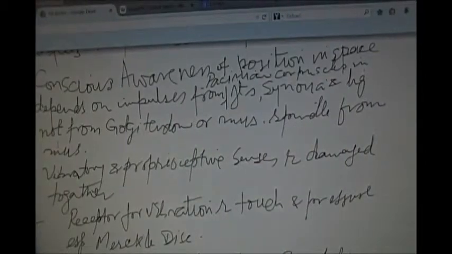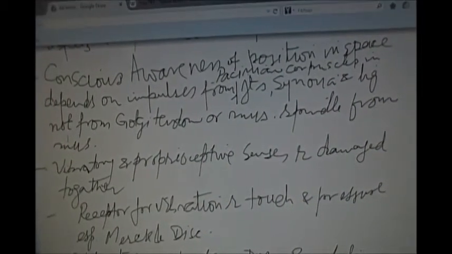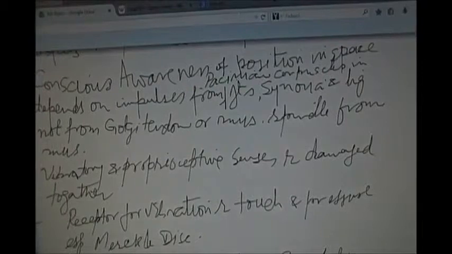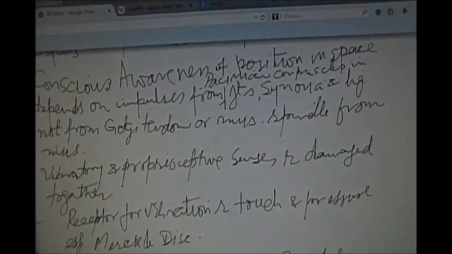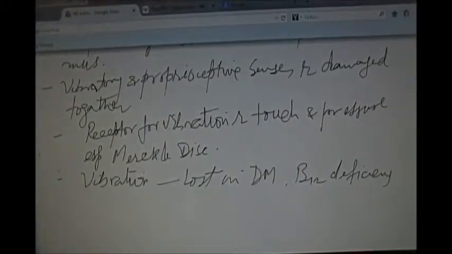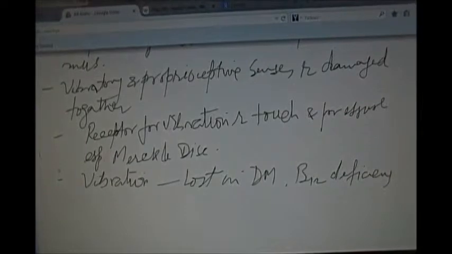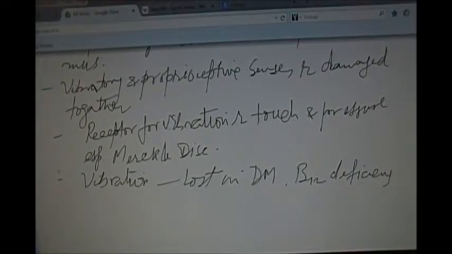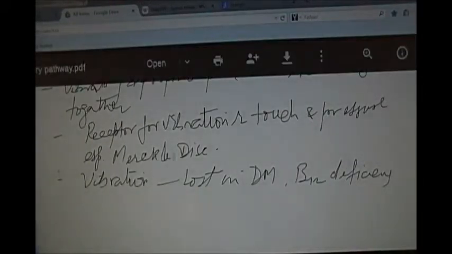Vibratory and proprioceptive senses are damaged together, and remember, the proprioceptive senses are last to return in case of cortical lesions. What are the receptors for vibration? The receptors for vibration are touch and pressure receptors, especially Merkel's discs.